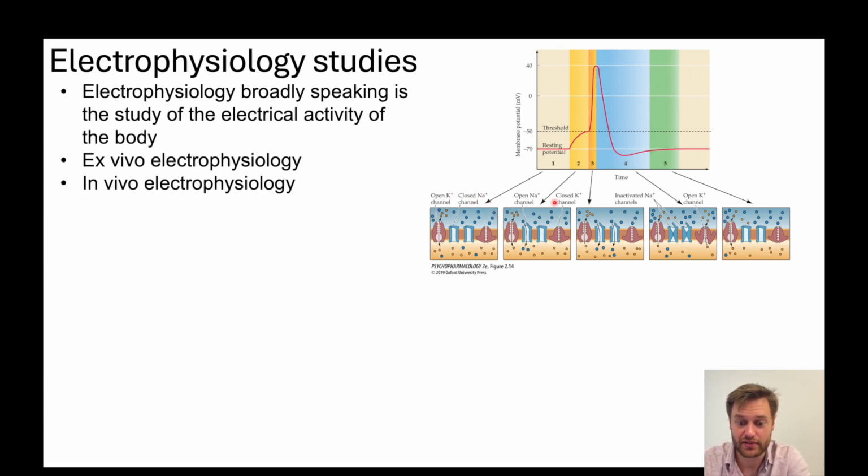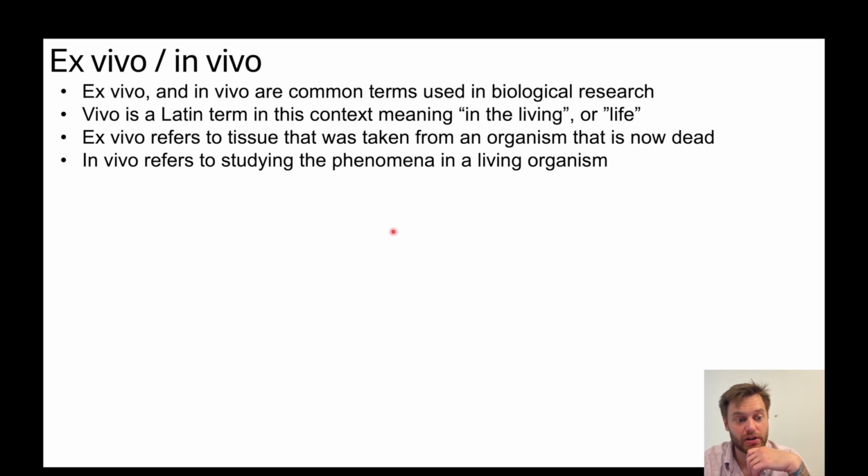It's only saying potassium channels here, but there are dozens of potassium channels. There are dozens of sodium channels, and they all are opening and closing at different points to propagate the action potential. So electrophysiology tries to link the electrical activity of the neuron with the behavioral output that we care about.